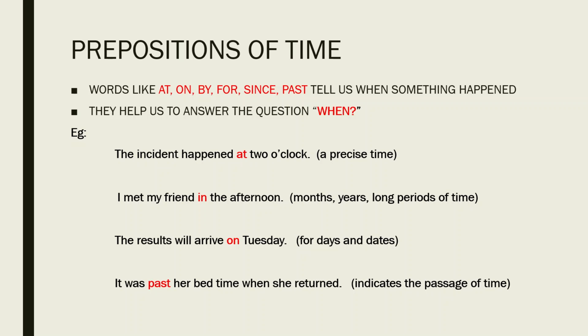Prepositions of time are the same words as prepositions of place and to a certain extent the prepositions of direction, but they are used in a different way.